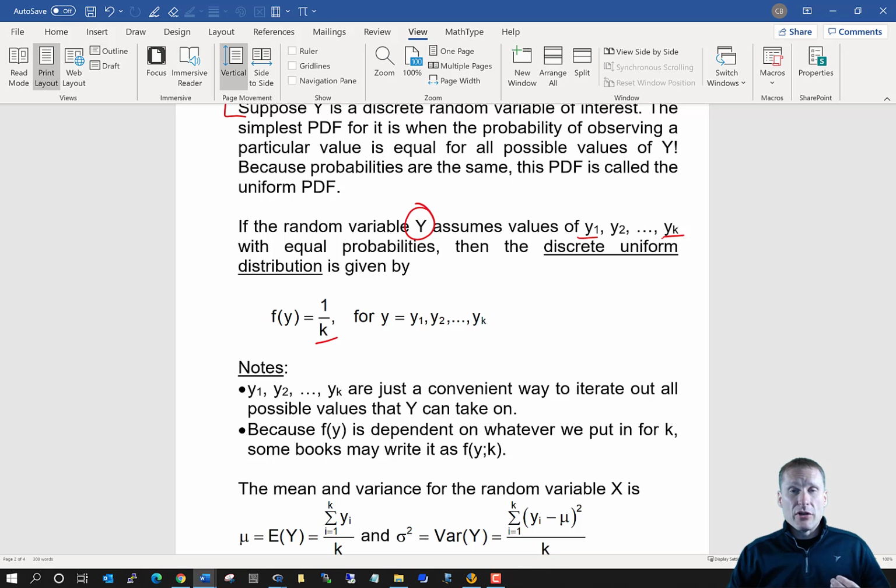That's again where the uniform name comes in. Every possible item that y can take on has an equal probability. So this is a very, very basic distribution, and it gives us a place to start when we're talking about these named distributions.